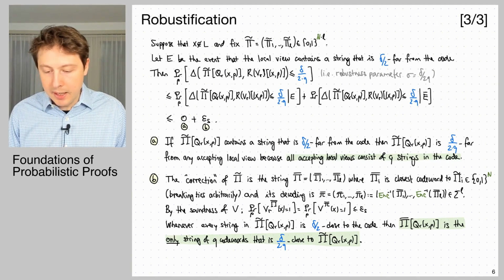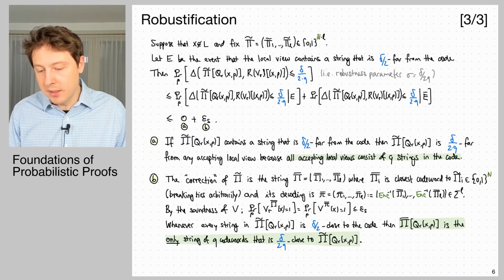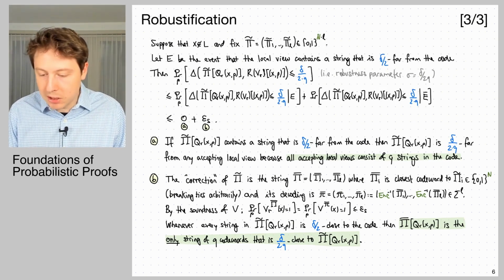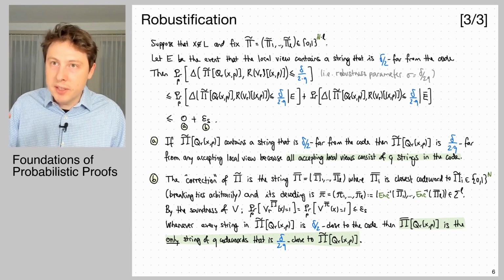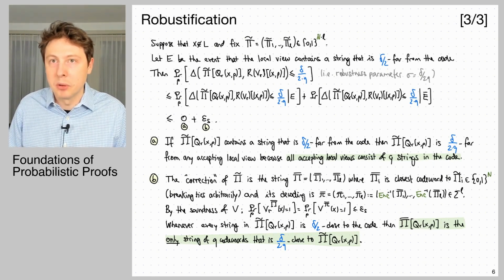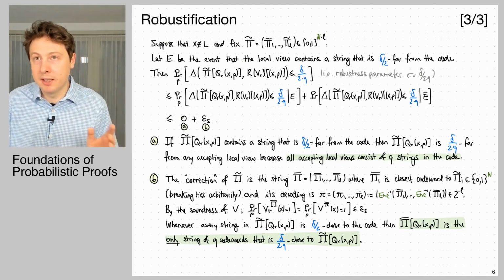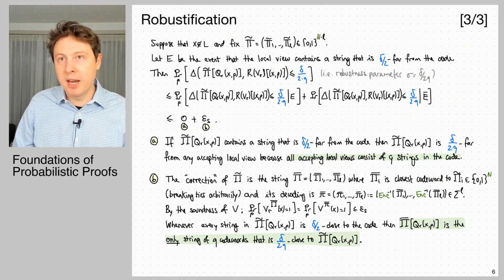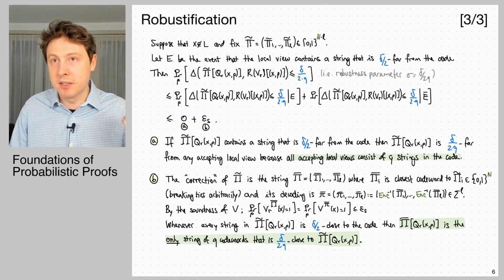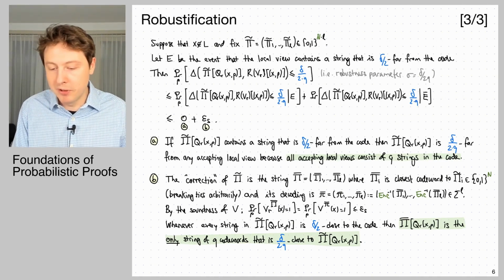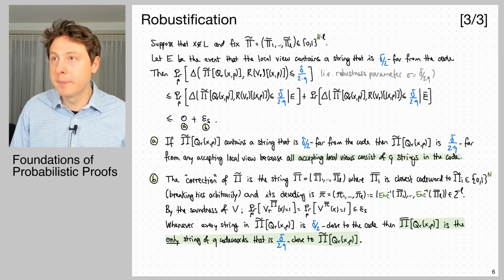And so when I say delta over 2 close, it doesn't tell me that all of the distances are exactly delta over 2. I'm just saying that all of them individually are within delta over 2, but it could be in the worst case that there's a little bit of distance in just one symbol and all the others are perfect. So this is all I can conclude. Okay.